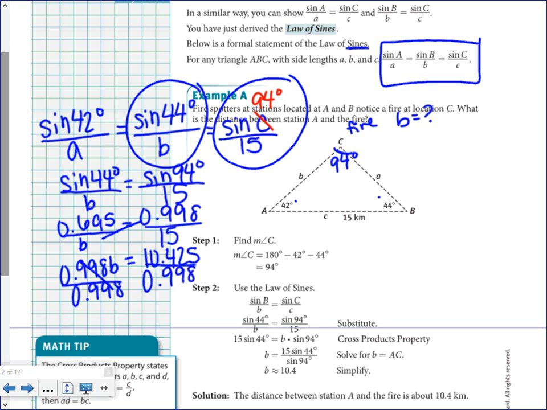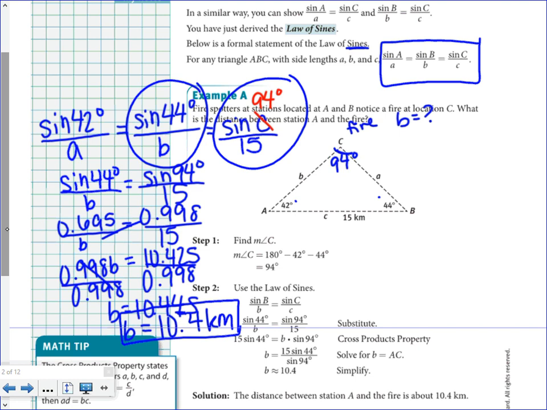And so 10.425 divided by 0.998 gives you 10.445. And they don't specifically tell you what to round to, so let's just go to one decimal place, the tenth. This does not round up, so we leave it as 10.4. And our units are kilometers. So that's our distance that they were asking for between A and the fire.